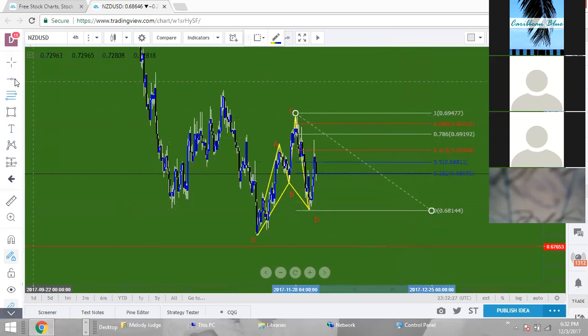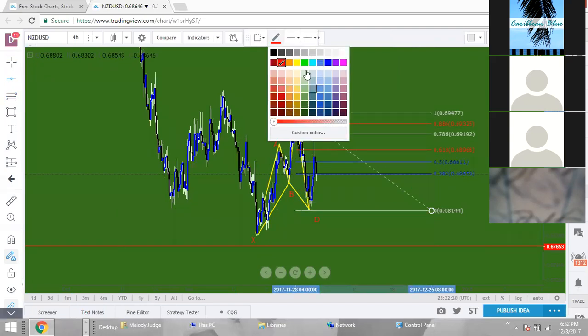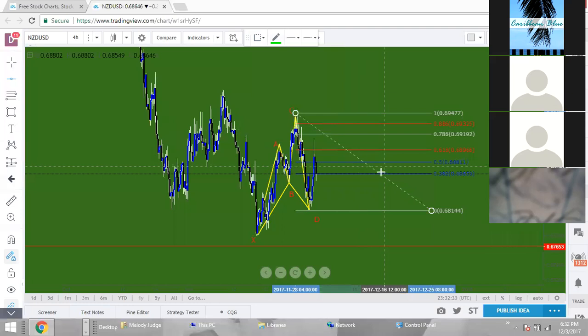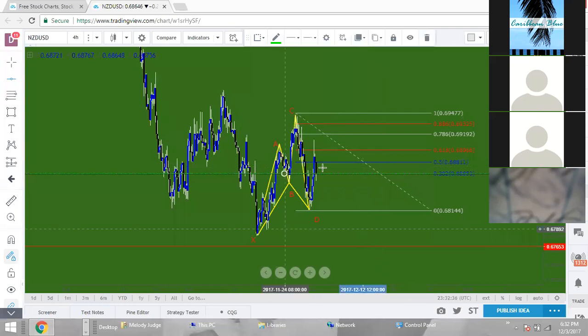We look for take profit 1 to be knocked out at 382. Boom. Take profit 1's been knocked out already. And take profit 2 would have been at the 618. Actually, both take profits were knocked out on NZD USD. And this is pretty recent.